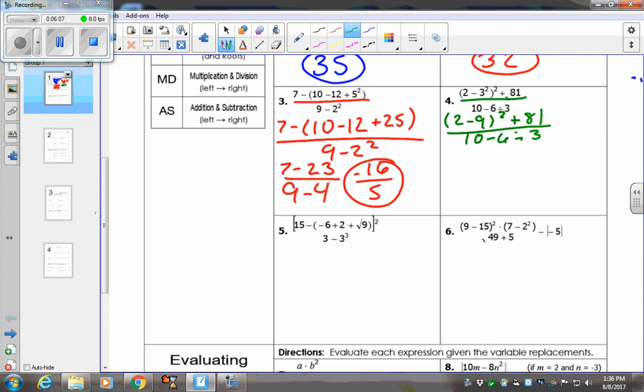So -7 is inside the parentheses. Okay, what is -7 squared? 49. Is it positive or negative? Positive. So I'm going to have, no, we're not square rooting because it's not said equal to it.